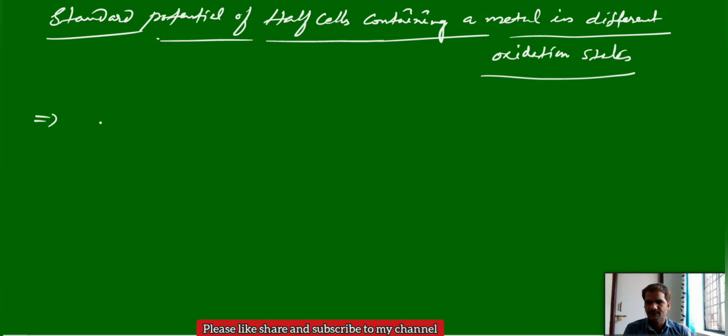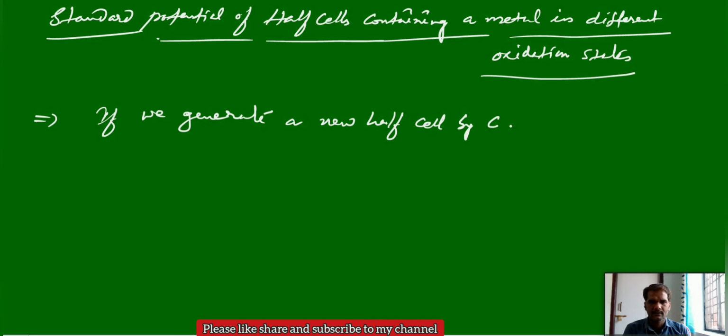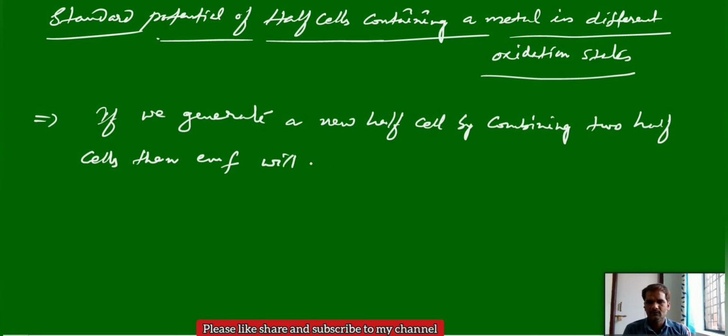Well, let us see. If we generate a new half cell by combining 2 half cells, then EMF will not follow addition.